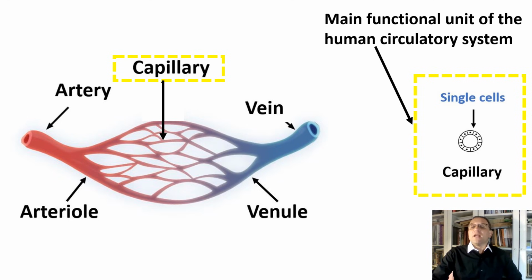So in brief, here is how the cardiovascular system works. The heart pumps the blood into arteries that branch and narrow into arterioles, then into a vast system of capillaries.